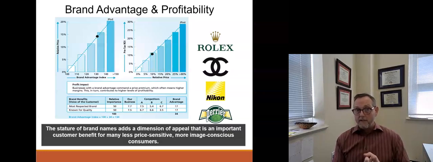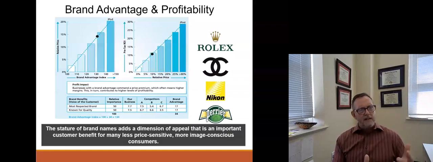One is respect. Is your brand respected? And two is quality. Is your brand known for quality? Those are two very solid ideas associated with the value of a brand. So if we want to calculate brand value, we could use these two items. Now, again, there are many other items too, but these are two good ones.